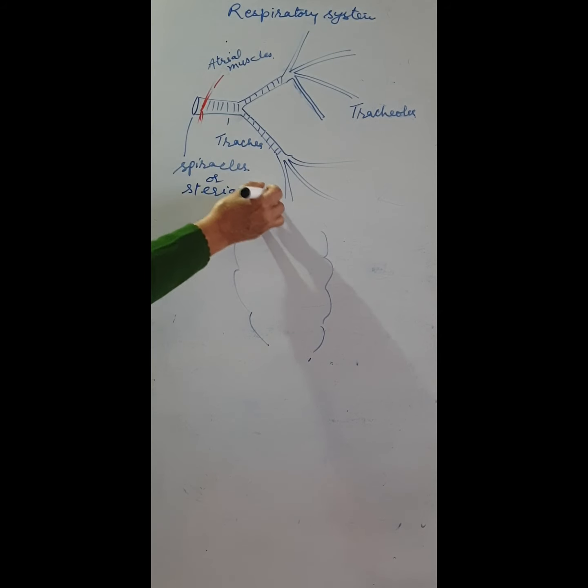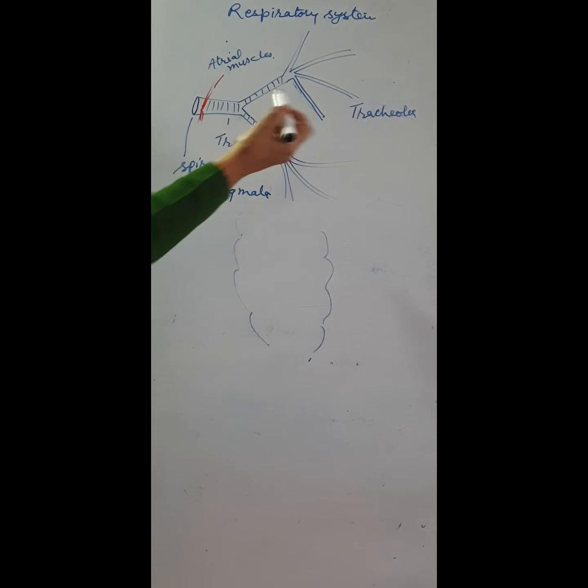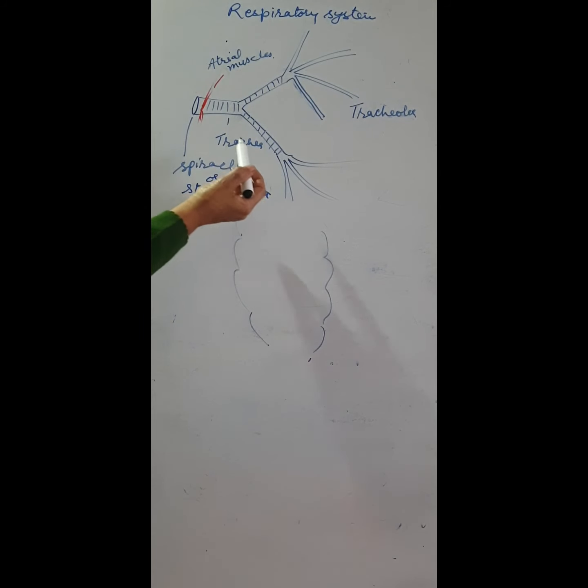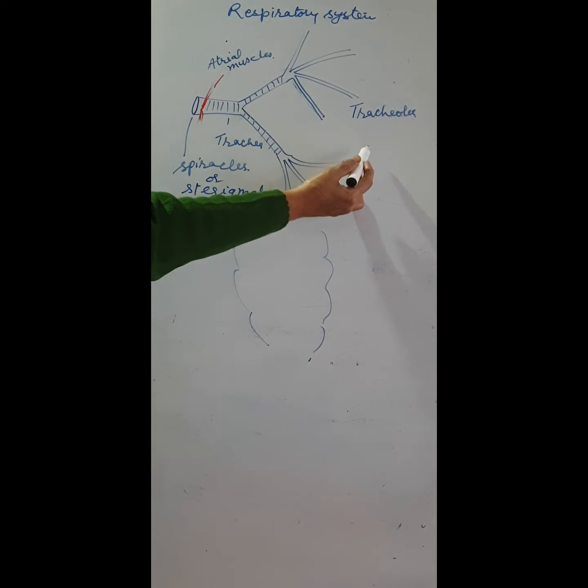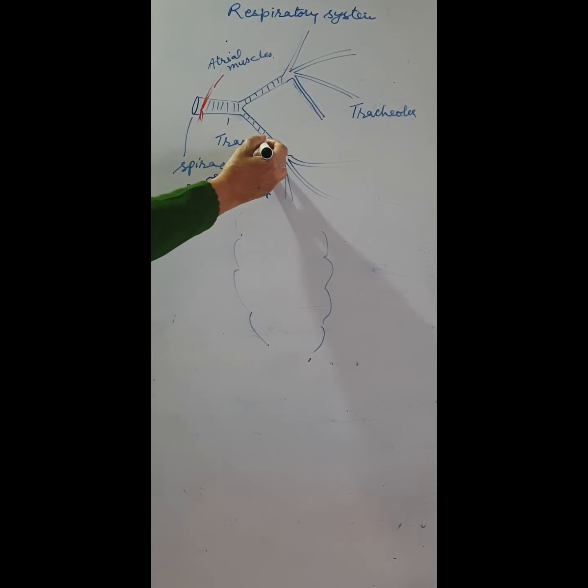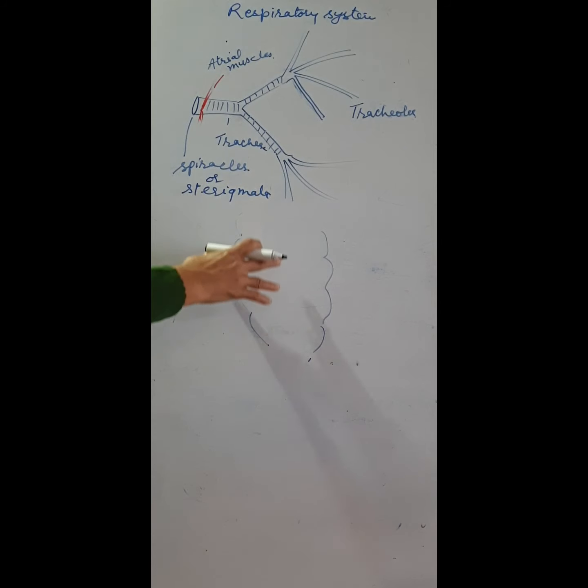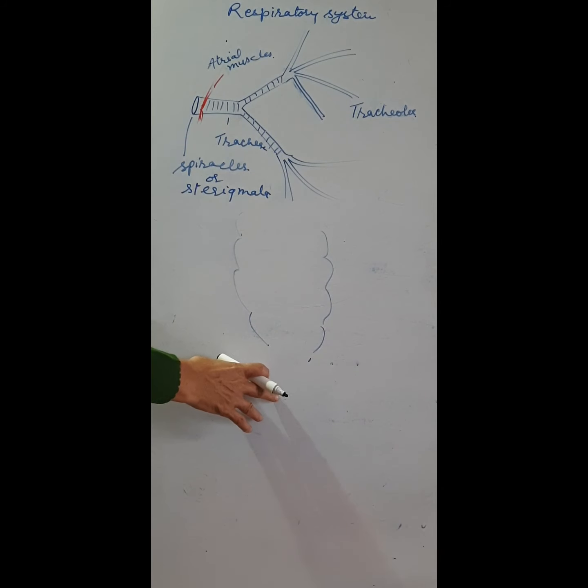Don't confuse with stomata. So the respiratory system consists of spiracles, tracheae and tracheoles, a network of tracheal tubes that runs throughout the body.